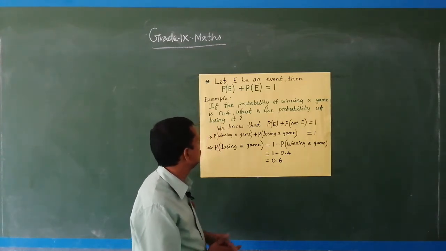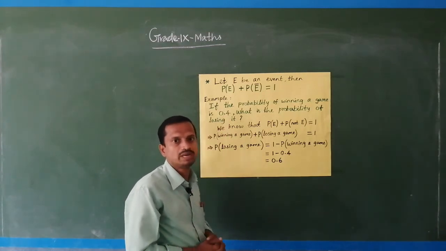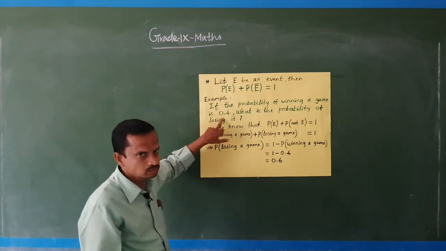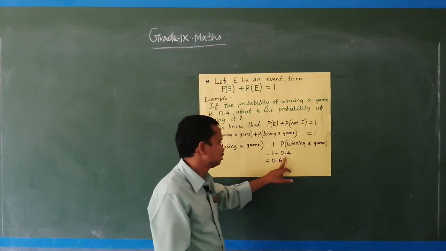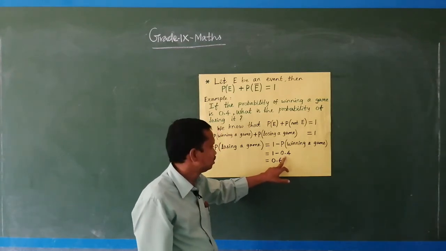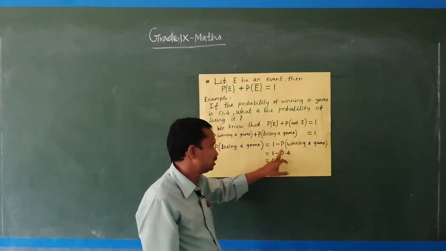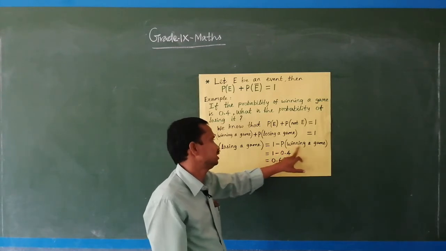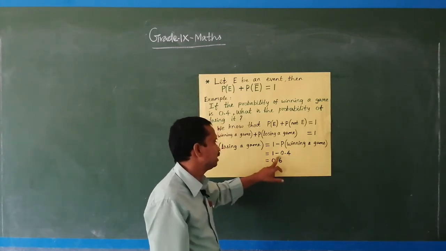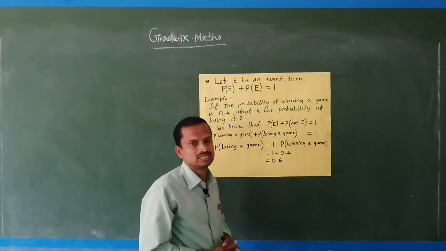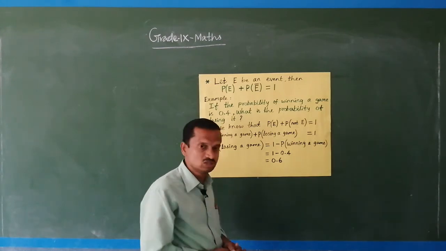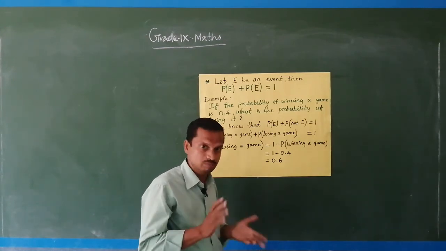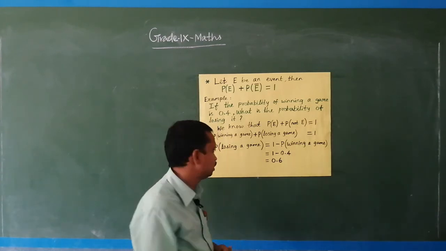You know that the probability of winning a game is given in the question, that is 0.4. So, 1 minus 0.4, if you subtract, you get 0.6. So, 0.6 also lies between 0 and 1.